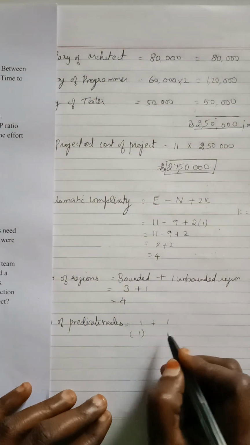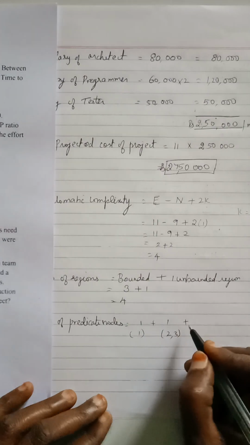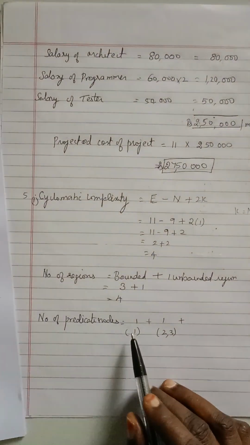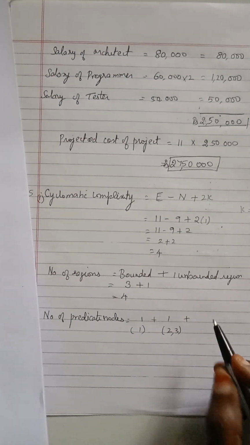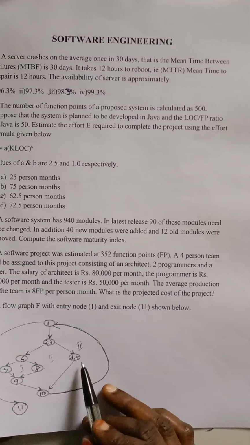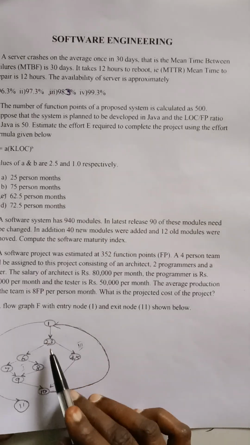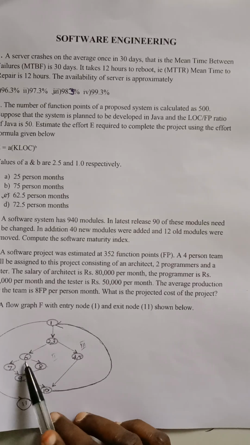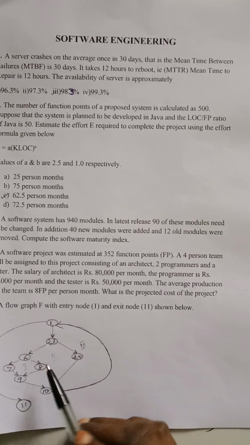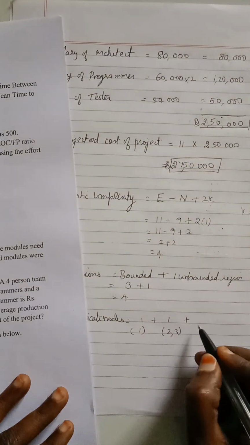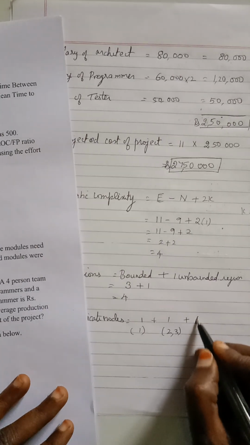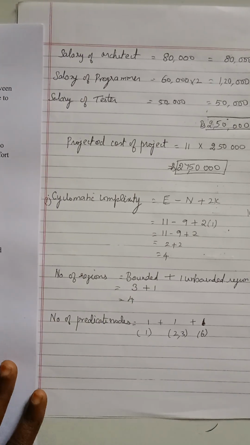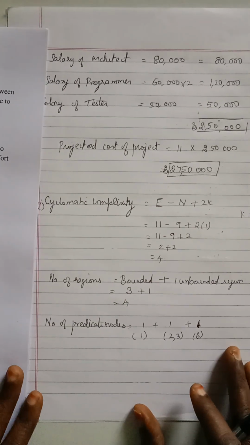So which are the predicate nodes? Node 1 is one, and 2 3 is another. Now 6 is also a predicate node because it has two outgoing edges: one goes to 7, one goes to 8, so it is a decision-making node.